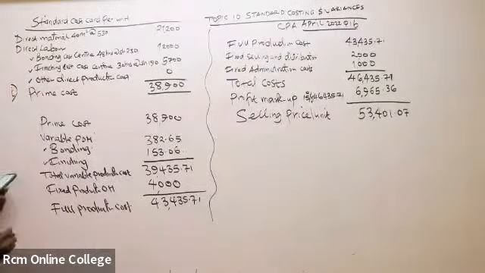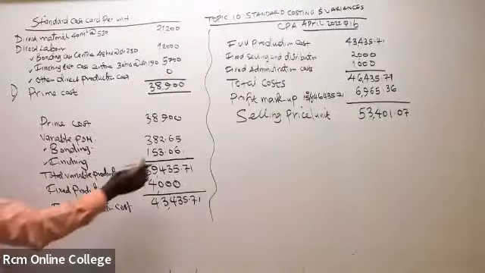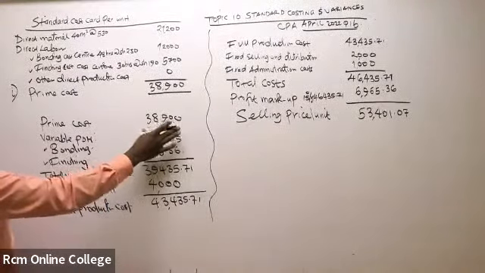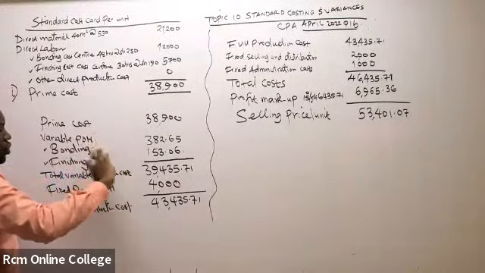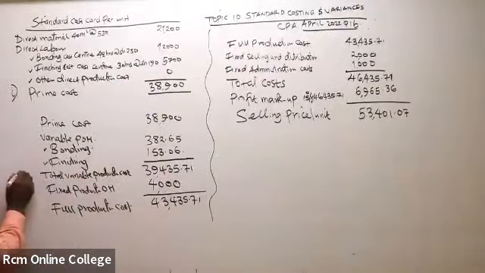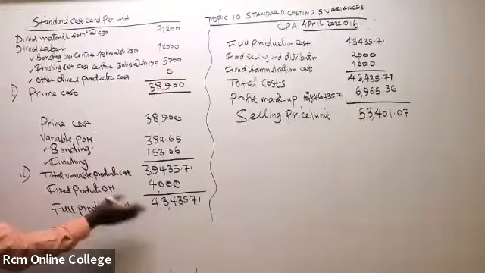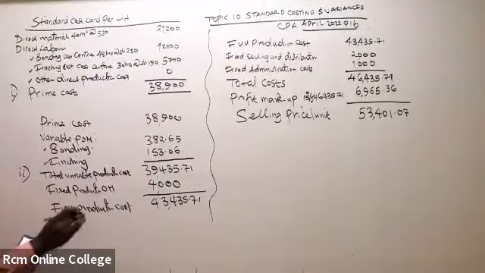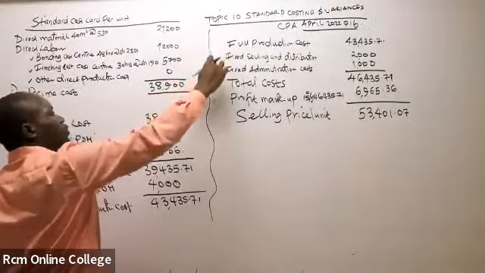The answer to Roman 2 of the question, variable production cost, ziko hapa. The variable production cost is basically prime cost plus any other variable production overhead. So there are only those two, total variable production cost. So this is Roman 2 of our question. Roman 3, we are told to get total cost, not full production cost, no, total cost. That is why to the full production cost, we add the non-production cost.